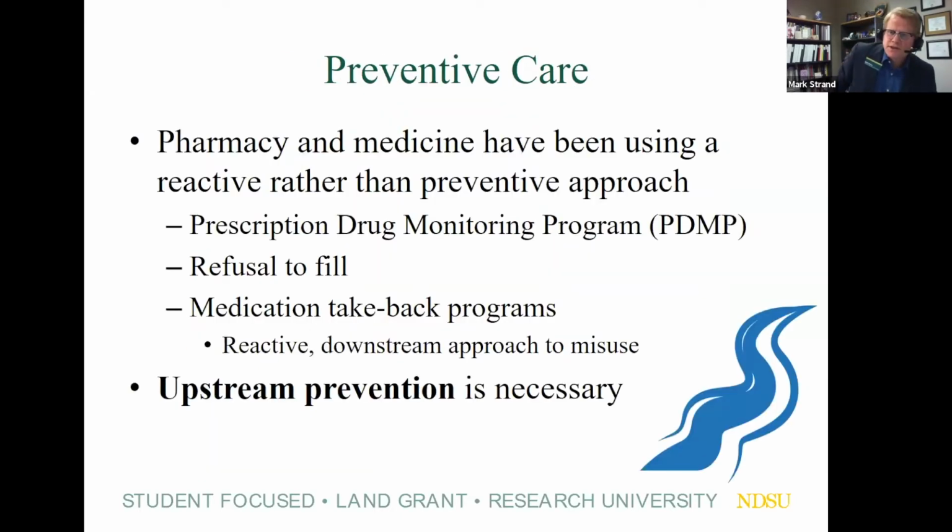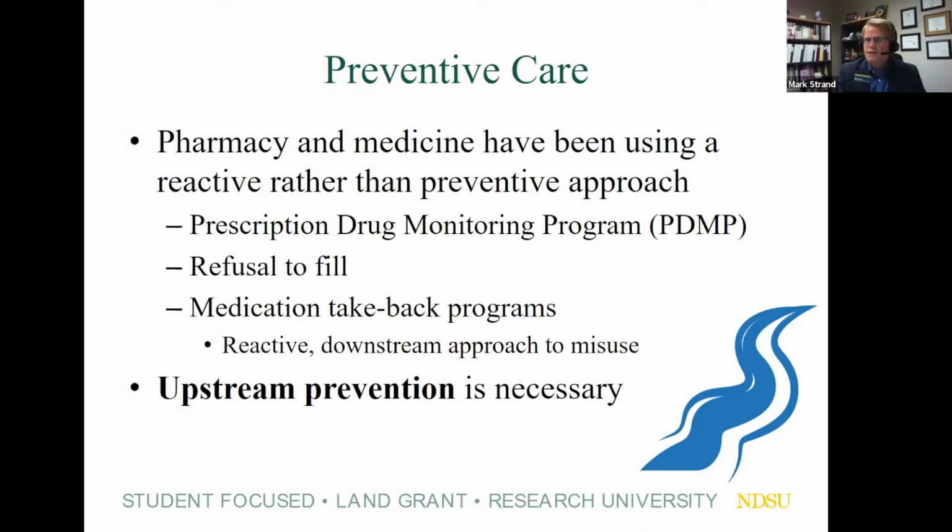So this gets us to the issue of prevention, which is a heart and soul element of public health. Pharmacy and medicine, I would say almost prior to the one program, have been using what I would consider a reactive rather than a preventive approach. And I also use the term a supply side approach. So the prescription drug monitoring program is a program where any patient picking up an opioid is evaluated for whether they have looked at if they've seen multiple providers or multiple pharmacies, and that would indicate that they're drug shopping, and then they would be forbidden to fill that prescription.